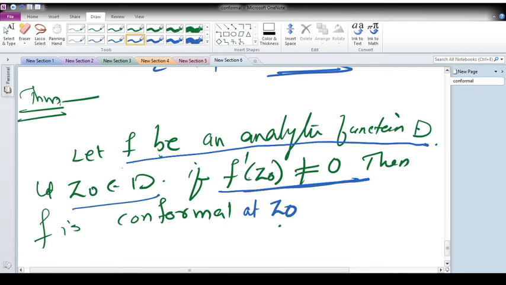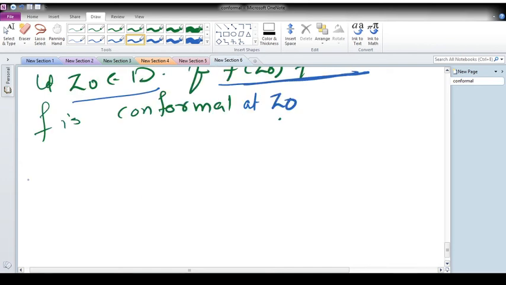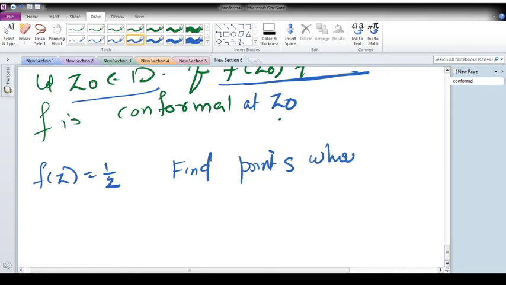So we can see some examples. Take f(z) = 1/z, and find the points where the mapping f is conformal.